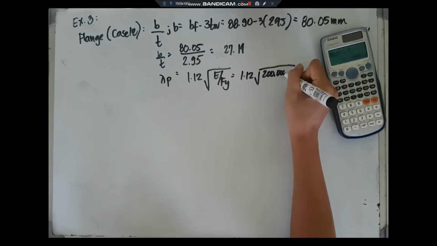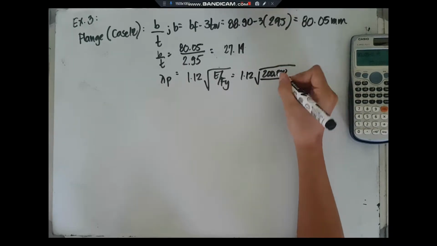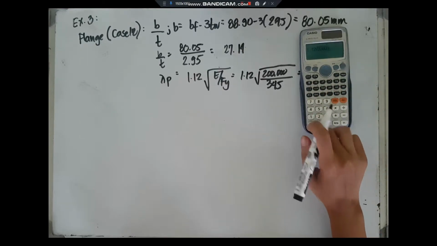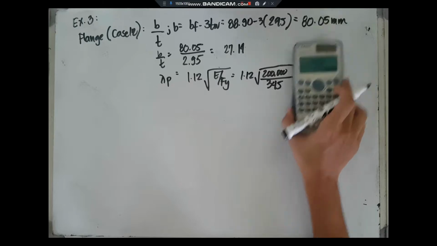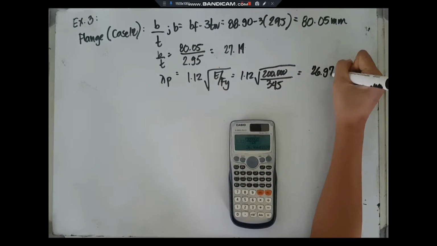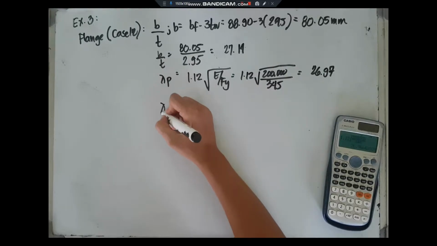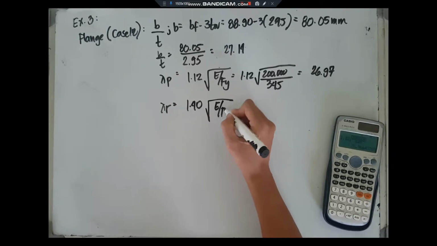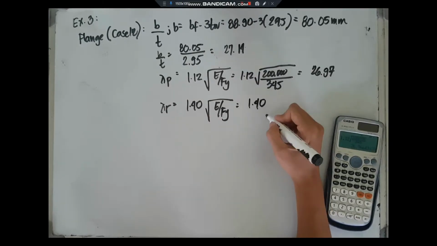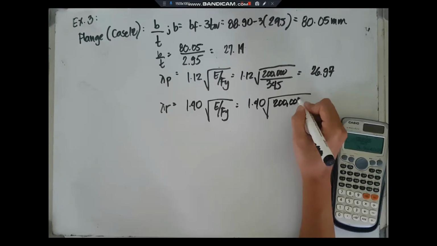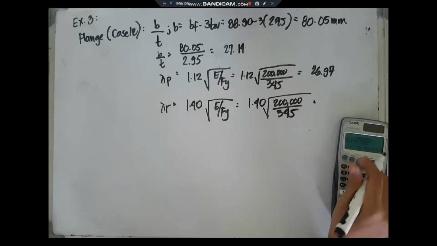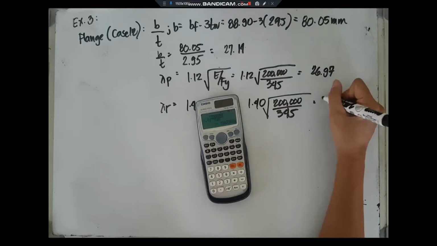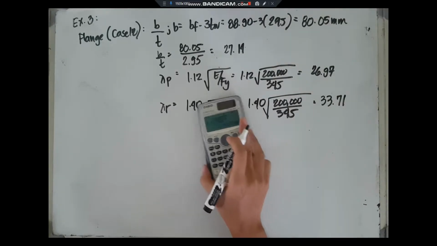And our yield stress is equal to 345 megapascal for ASTM A500 grade C. So our lambda p, or the limiting slenderness parameter for compact element, is equal to 26.97, and for lambda r, or the limiting slenderness parameter for non-compact element, it is equal to 1.4 square root of modulus of elasticity divided by the yield stress, which is equal to 33.71.